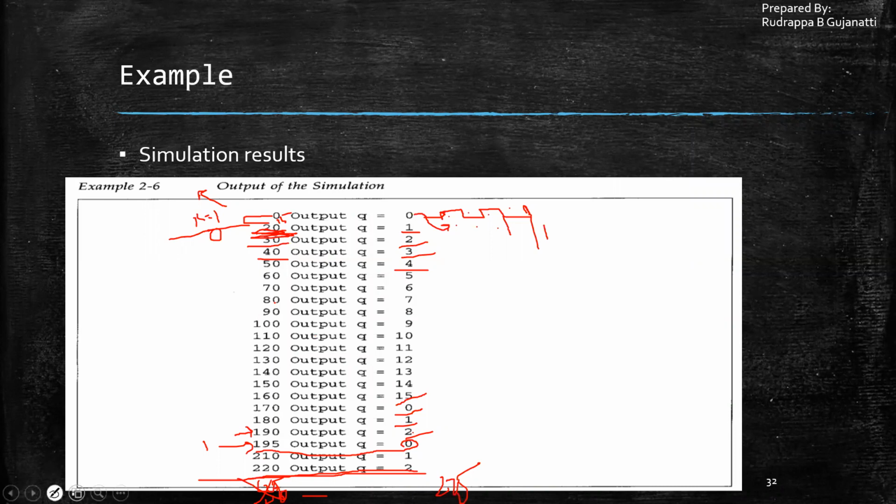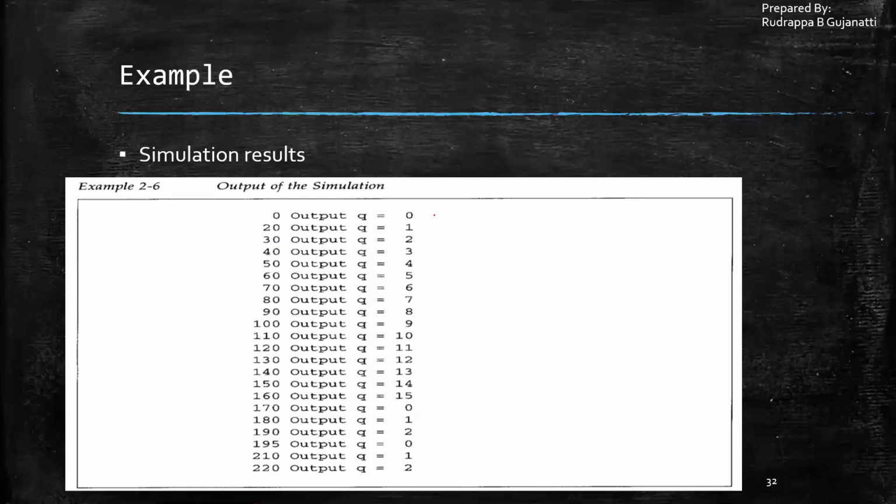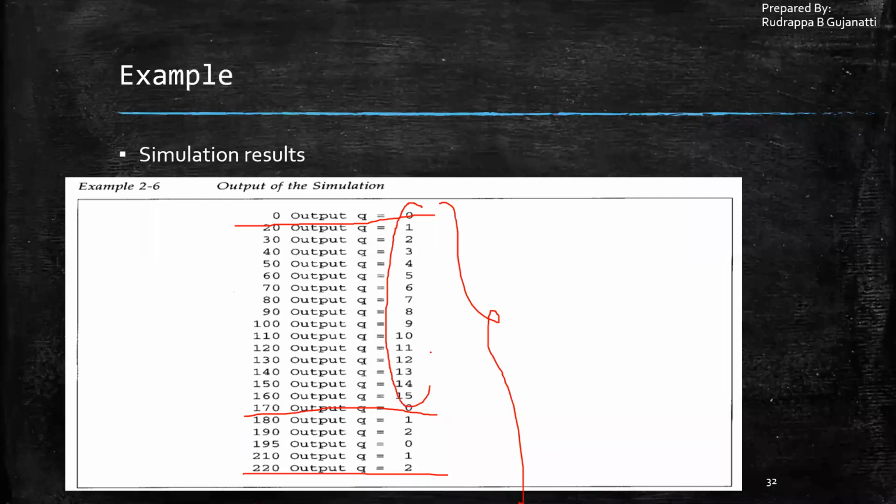So here you can see that you are resetting at this position. Then somewhere you are resetting here. Then you are resetting here. So this is the asynchronous reset which is happening. And in between, you can see that I am able to count from 0 to 15. So again, if I reset, again the count starts. Here also I am having a reset point.